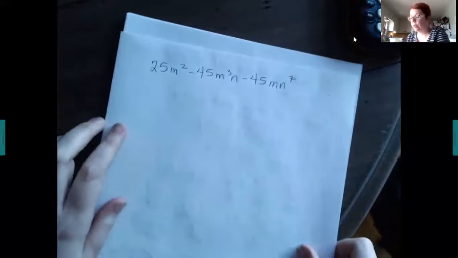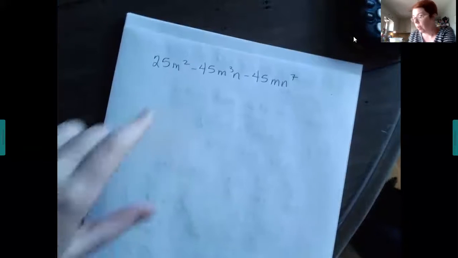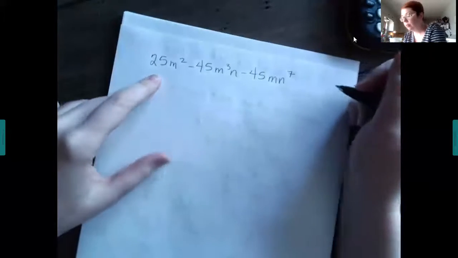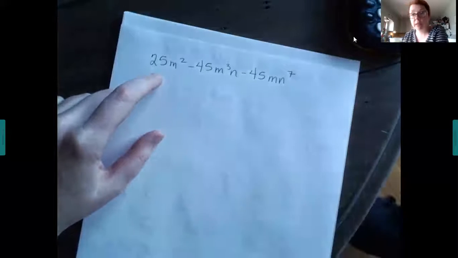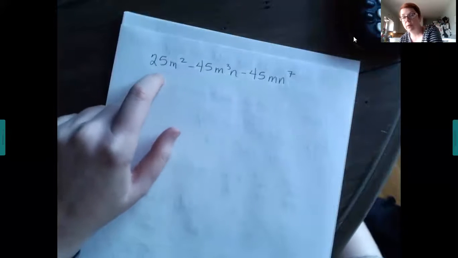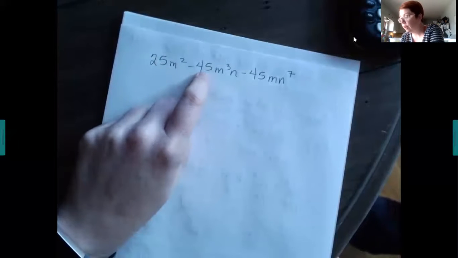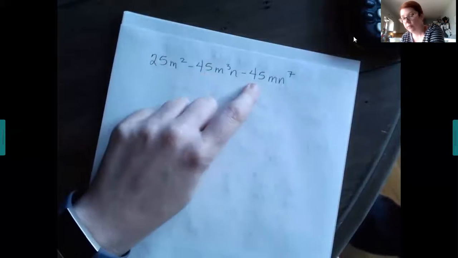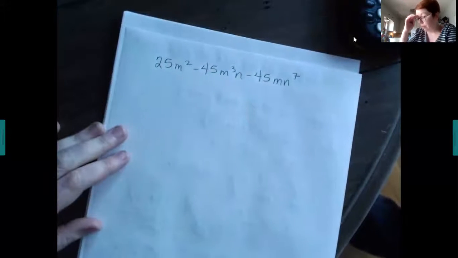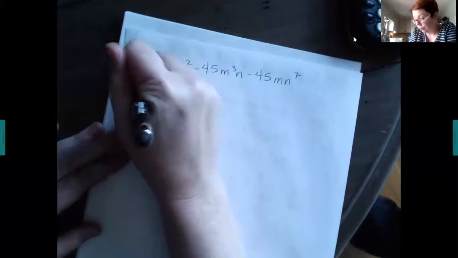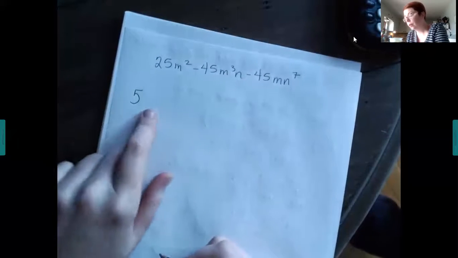No. Oh, so then you think, well, what can I divide these numbers by, right? So 25, the only way to get 25 besides 25 times 1 is 5 times 5. Right? So can I divide 45 by 5? Yep. So I know I'm going to divide everything by 5. I'm going to factor that out.